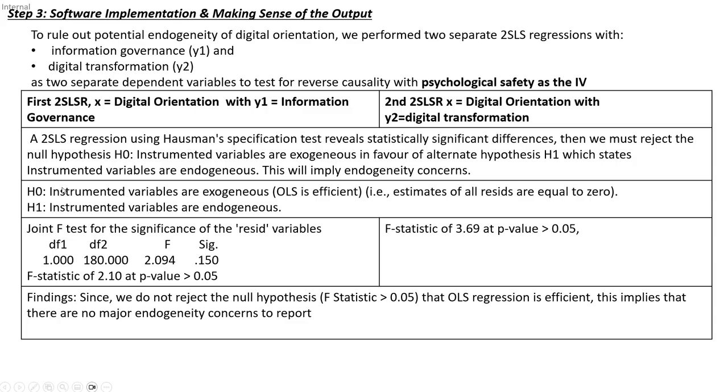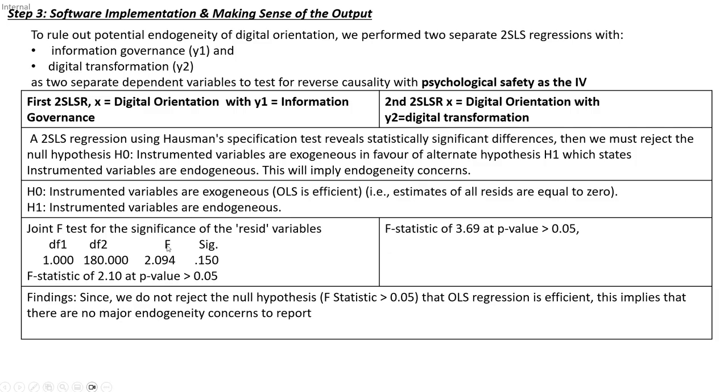But in this case, you will be able to see the output that I showed you is a joint F test. The F value is this one, but it is not significant. Because it is not significant, we do not reject the null hypothesis. That means that our OLS regression is efficient. This implies that endogeneity is not a major concern.